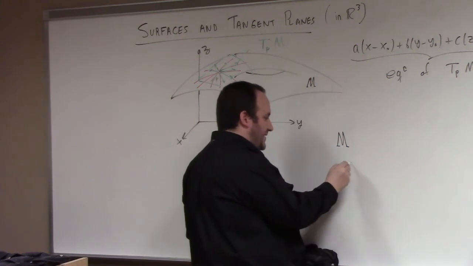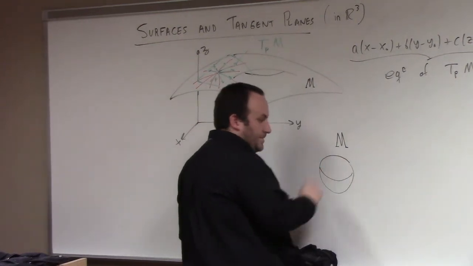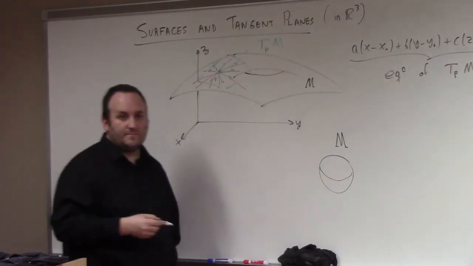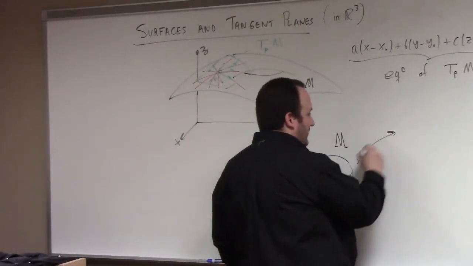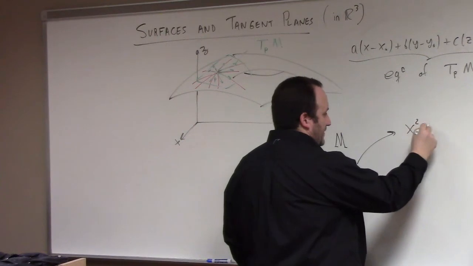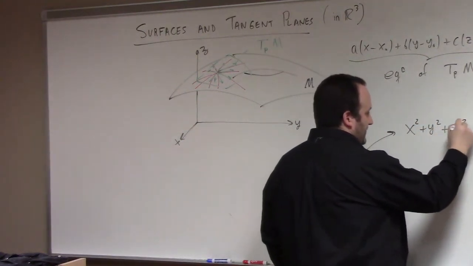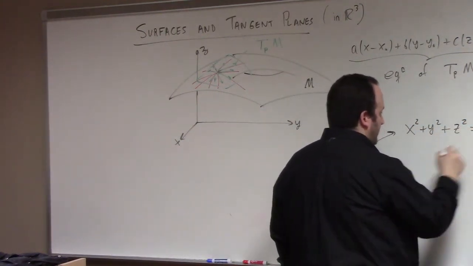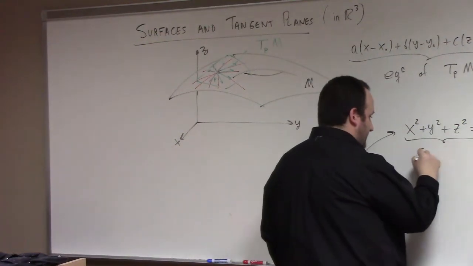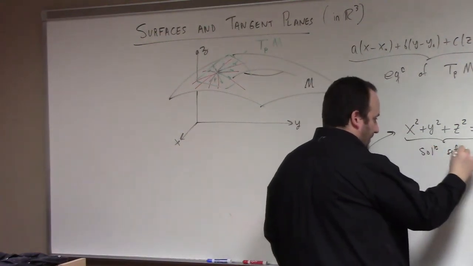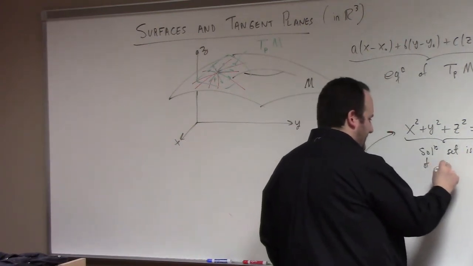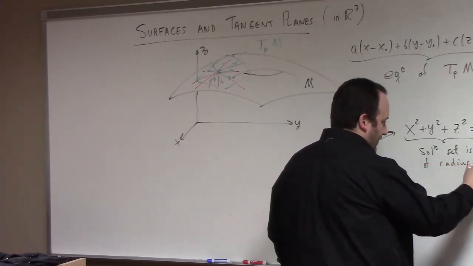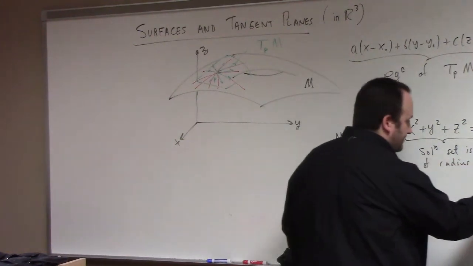Let's think about M being the sphere of radius r. I can describe that as an equation. It'd just be x squared plus y squared plus z squared equals r squared. The solution set to this is the sphere of radius r, centered at the origin.